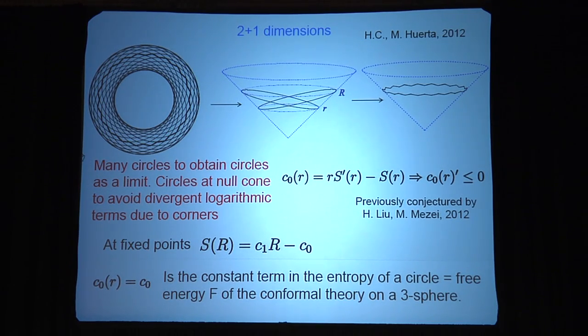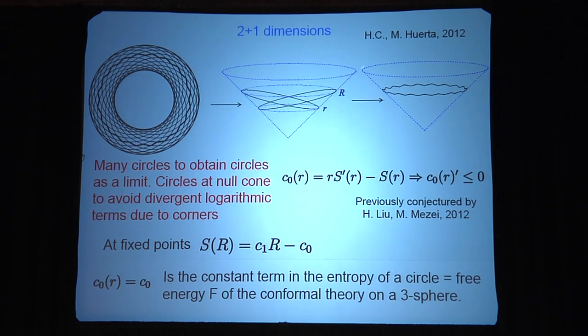There is also the problem that in 2+1 dimensions, the vertices here, if I put these circles on a plane, will lead to a logarithmic ultraviolet divergence that will spoil the inequalities. So one can avoid this problem by putting the boosted circles on a null cone, and then taking the limit of infinitely many circles to obtain circles on both sides of the inequality.